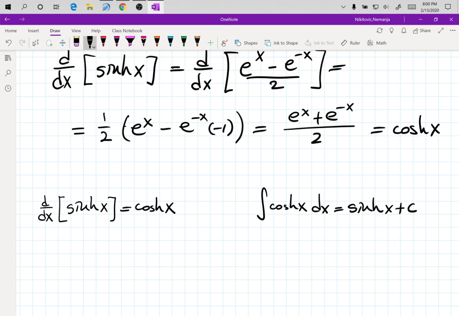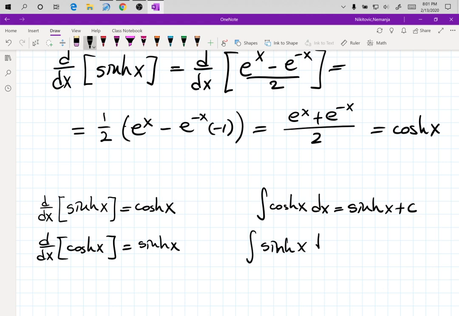That's not optional. The derivative of cosine hyperbolic x is positive sine hyperbolic x, and the integral of sine hyperbolic x dx is positive cosine hyperbolic x plus c. You are used to having minus signs for trig there. Well, no more.